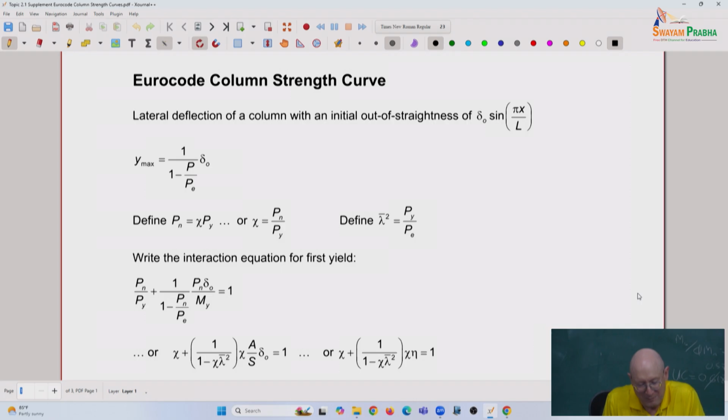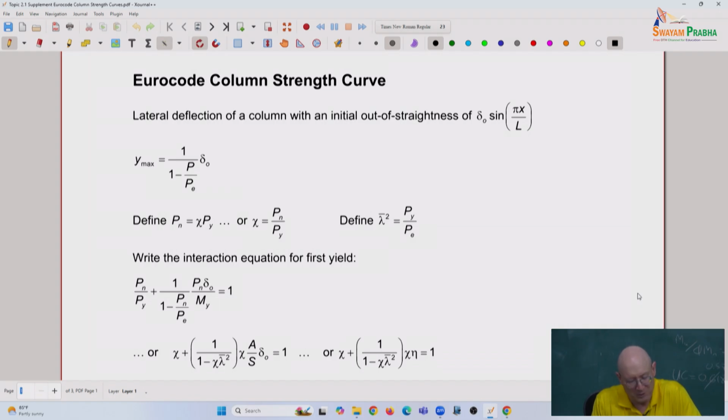Then we can say the largest bending moment we get from that would be our favorite amplifier, 1 over 1 minus P over P sub e, where P sub e is pi squared EI over L squared, times delta naught.